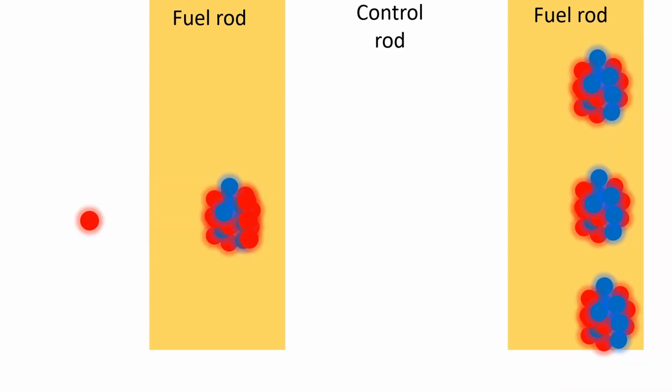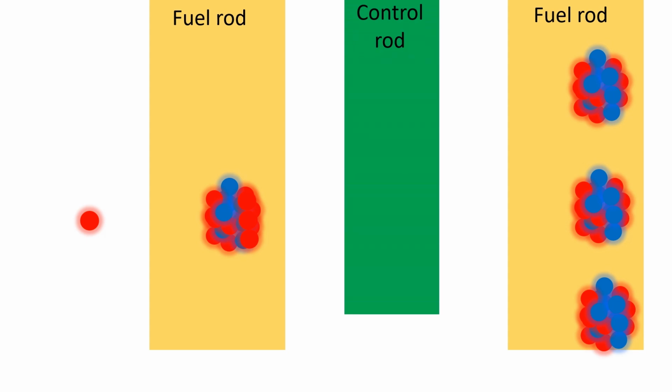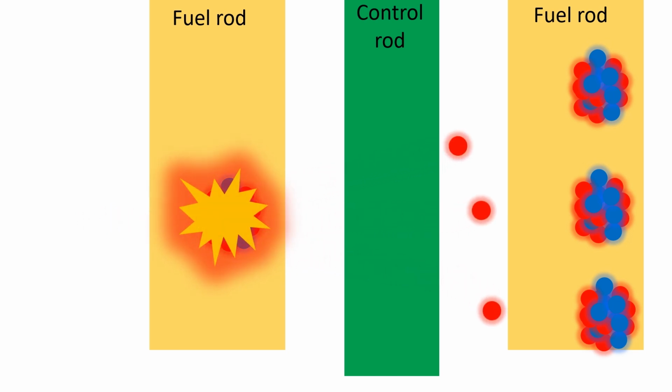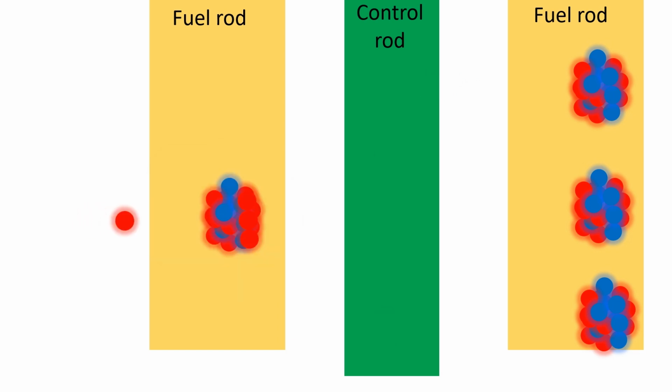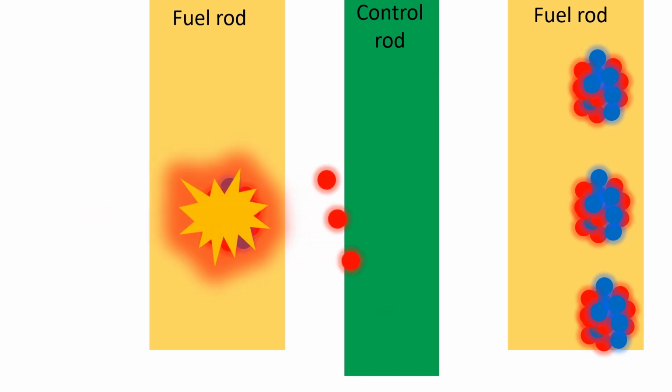To stop or reduce the rate of the reaction, control rods are inserted into the reactor. Boron and cadmium are excellent neutron absorbers. Inserting the control rods fully absorbs the neutrons released by the fission reaction, reducing or stopping the chain reaction and slowing down the heat production.